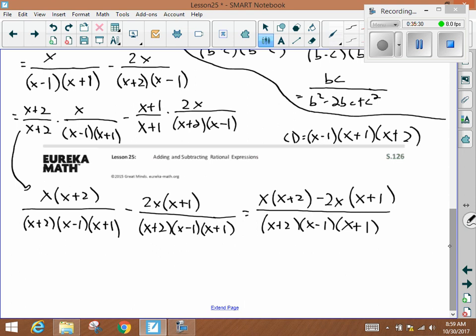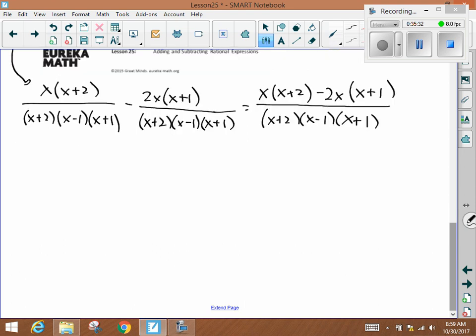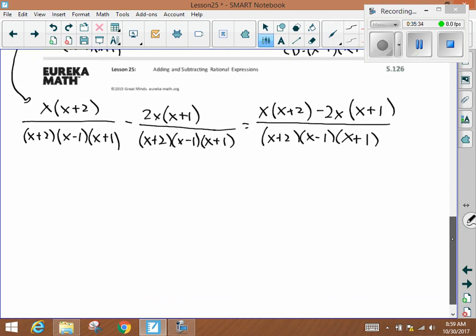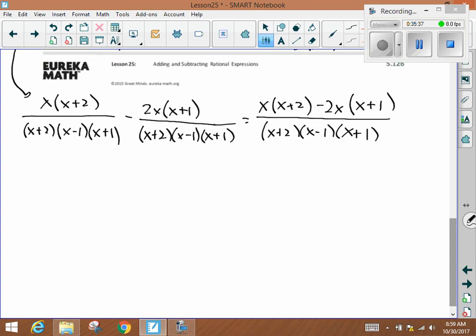So now I'll go ahead and distribute and combine like terms. So I have x squared plus 2x when I multiply out the first one. And now negative 2x times x is going to be negative 2x squared minus 2x.